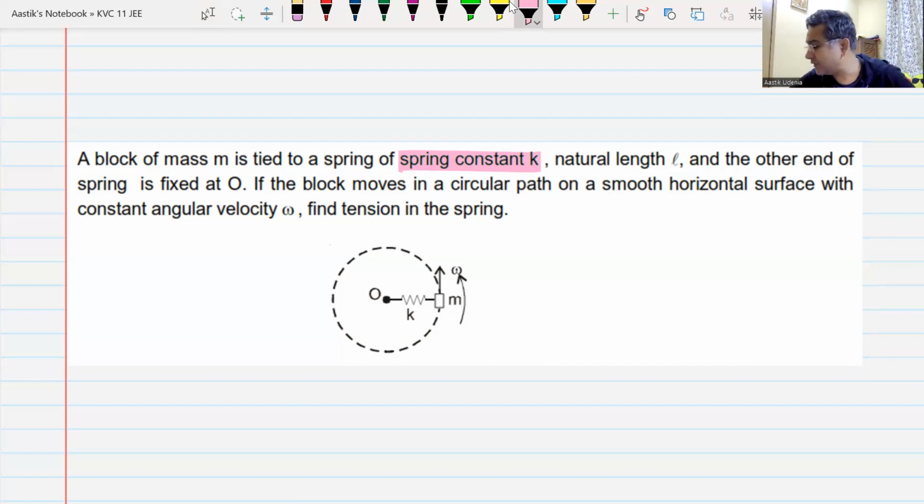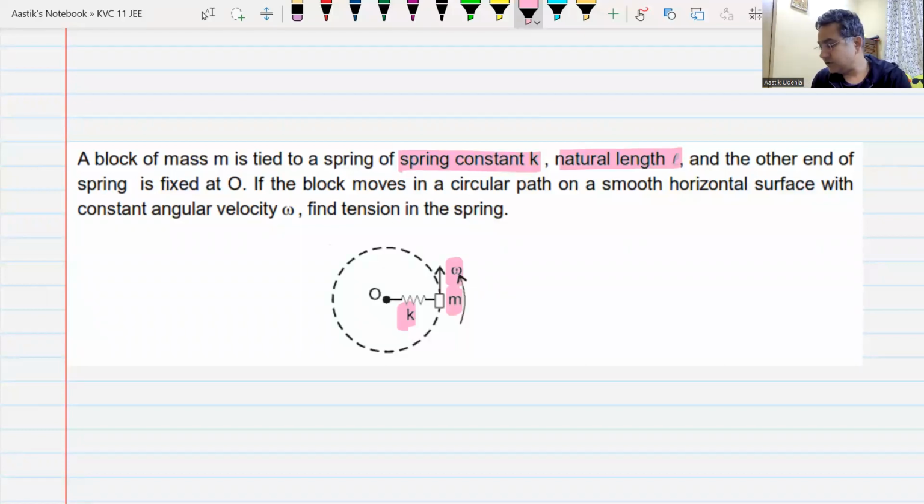What all things are given to you? K, omega, and m. And the natural length of the spring is L. I'll give you 2 minutes to get me the answer. Try everyone.